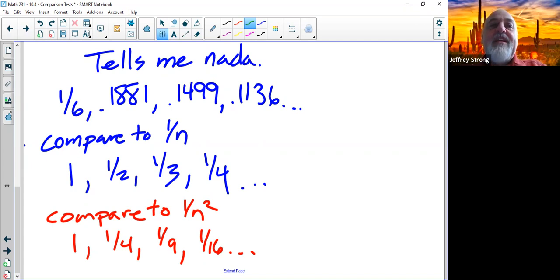So in some ways, I like the comparison tests because you either know the answer or you don't pretty quickly. There was one where we had to do L'Hopital several times, but typically they don't take too long.